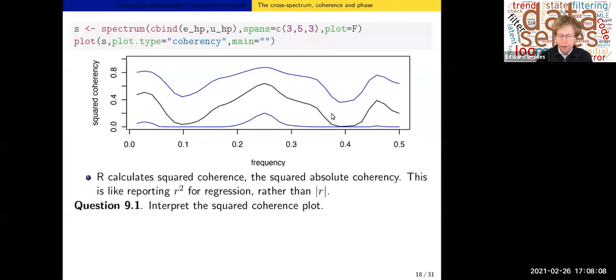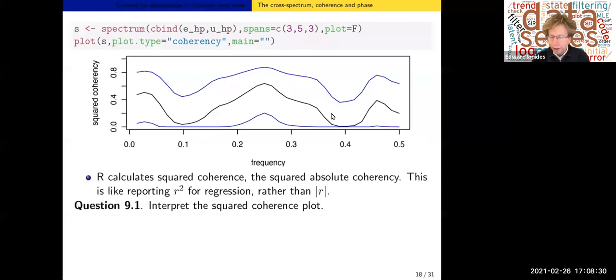This looks to me like the strongest coherence at a period that's roughly 1 over the frequency, which is 4, and this is in cycles per year, so the period is in years.